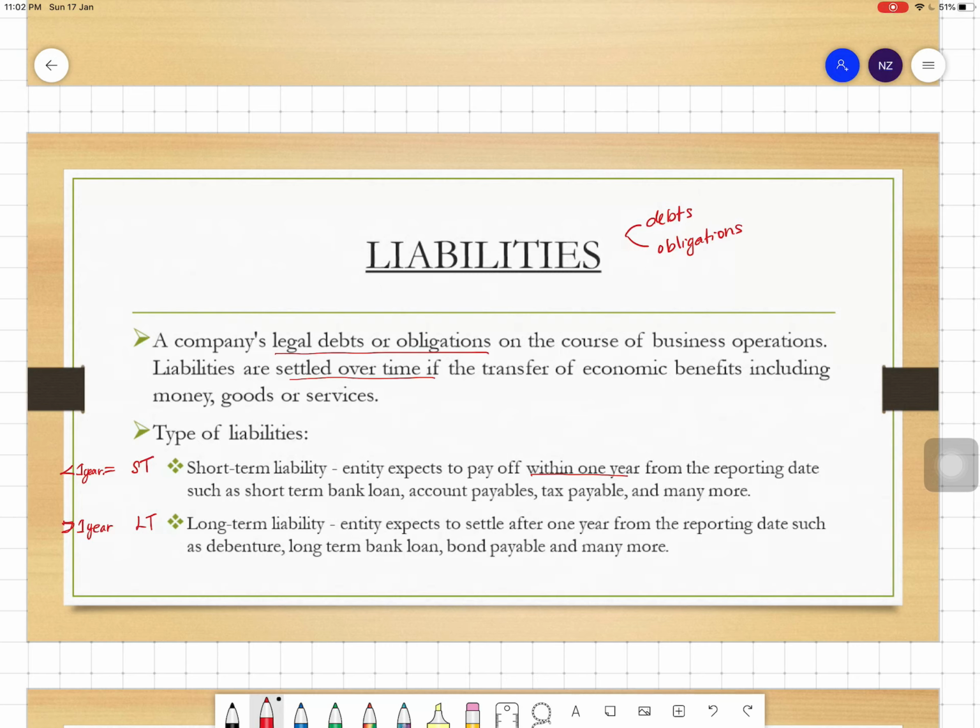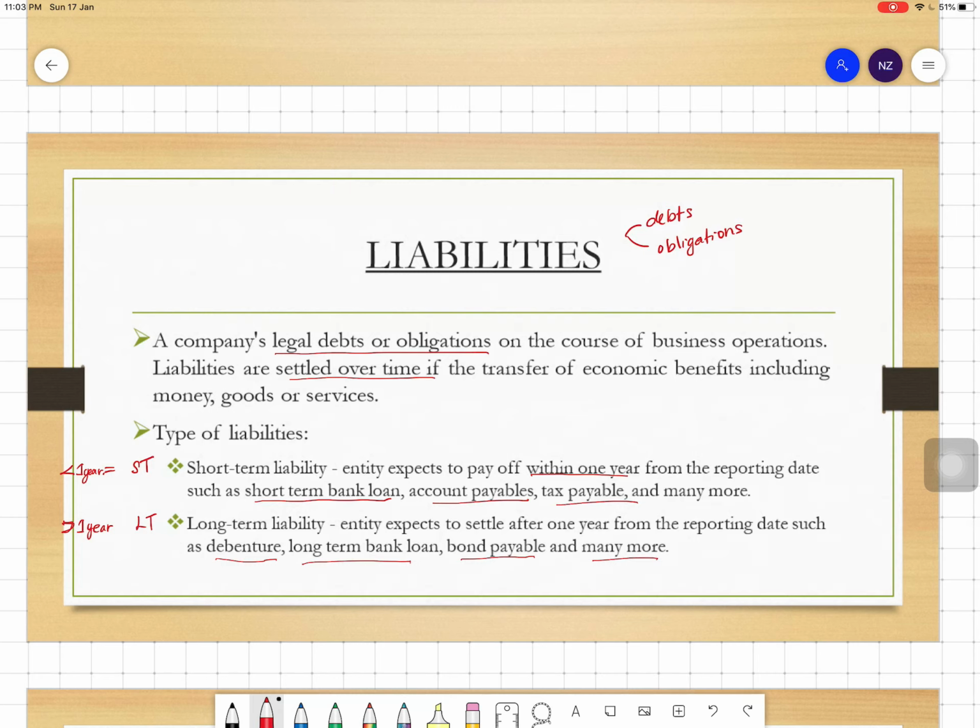For short term liability, examples given are short term bank loans, accounts payables, tax payables and many more. As for long term liability, examples are debentures, long term bank loans, bond payables and many more.